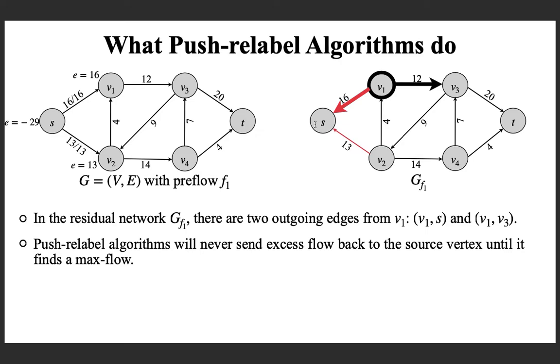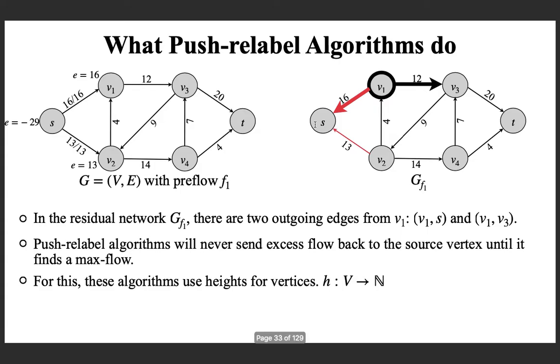That needs to be prevented, and push-relabel algorithms introduce what are called heights of vertices. We will see how that will help. The height of a vertex is nothing but a natural number. For every vertex there is a height which is a natural number. The height of the source vertex is defined as the number of vertices in the network.